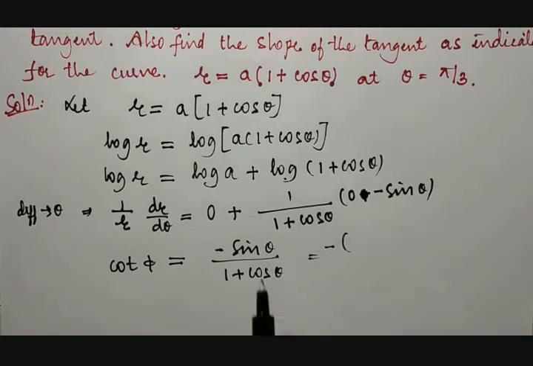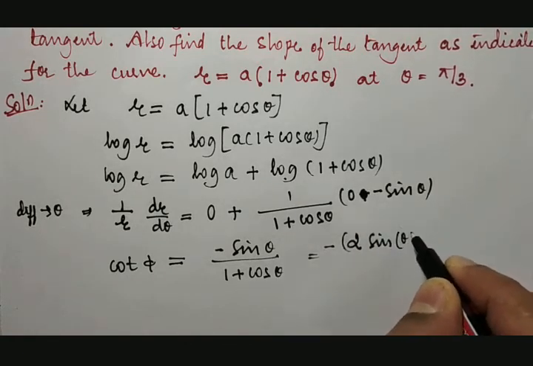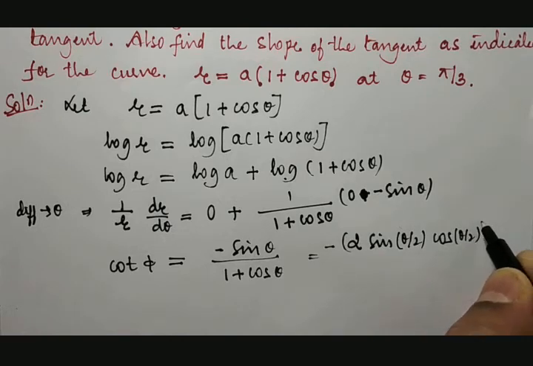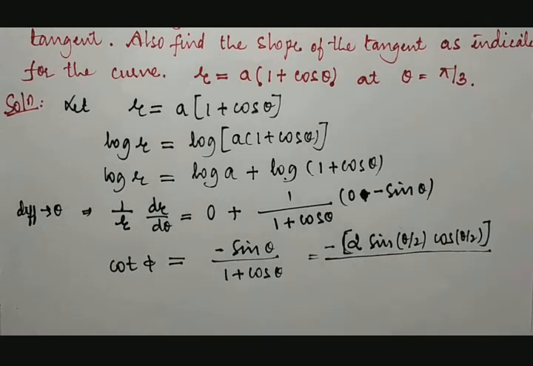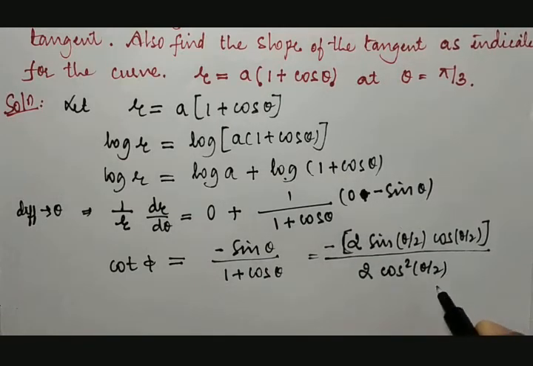Then how do you write this sin theta now? Sin theta can be written as 2 times sin theta by 2 into cos theta by 2, divided by 1 plus cos theta, which will be written as 2 times cos square theta by 2.